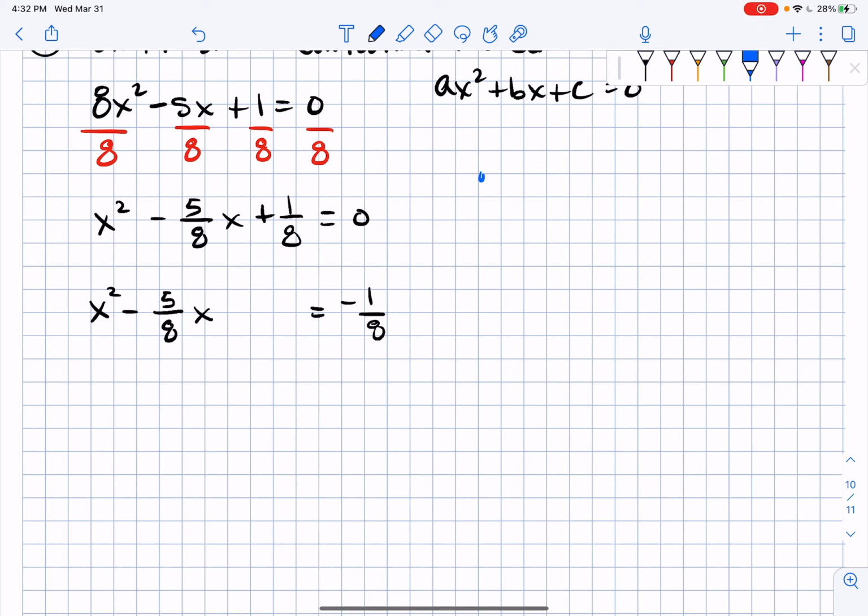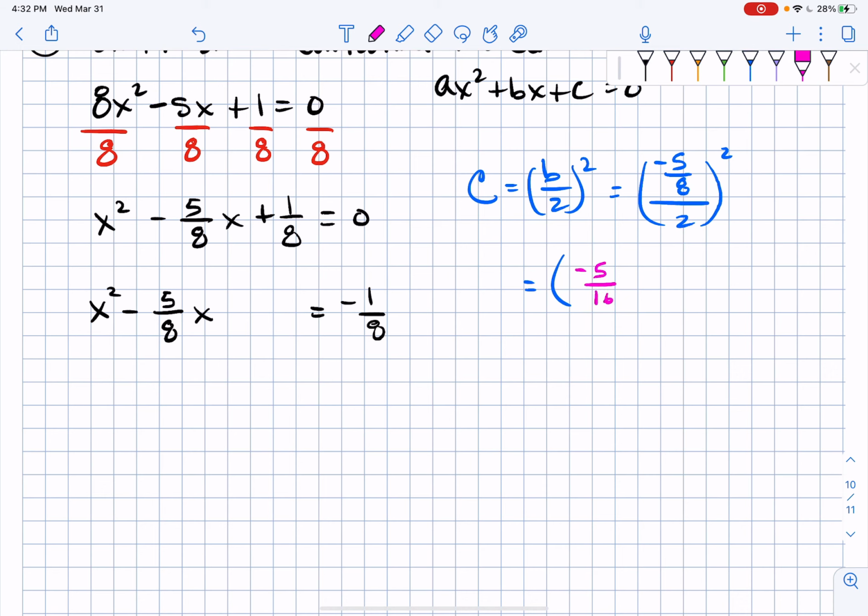So I gotta find a new c. It's equal to b divided by 2 squared, which is equal to negative 5 over 8 divided by 2 squared, which is equal to negative 5 over 16 squared, which is equal to 25 over 256.